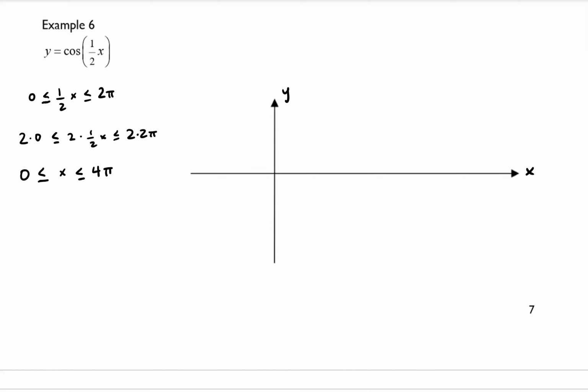So I'm going to go ahead and fill in and label our axes with some values. All right, so I went ahead and I filled in my x and y axis, and for reference, I'm going to graph the regular y equals cosine of x function in green. And that is going to look something like this.